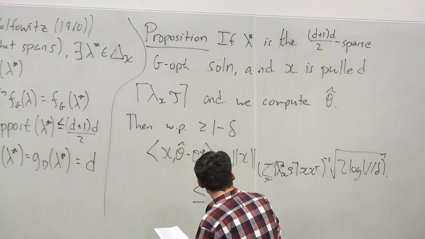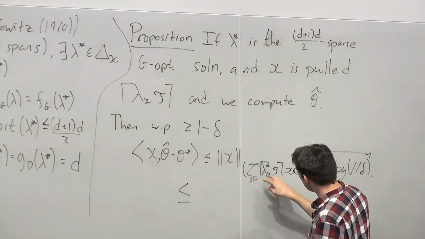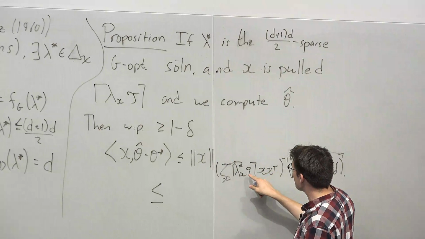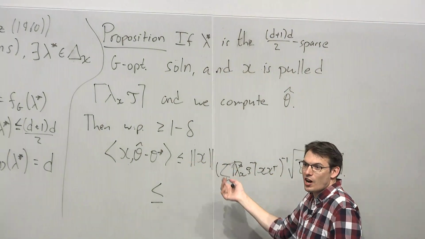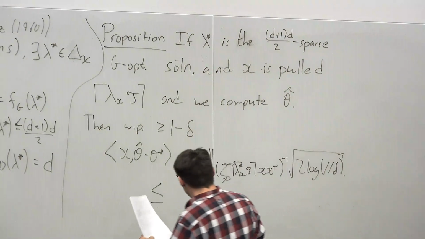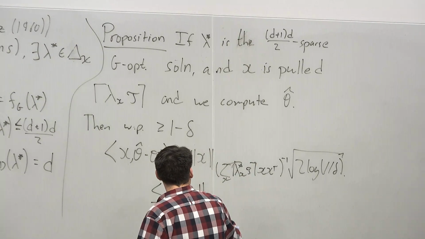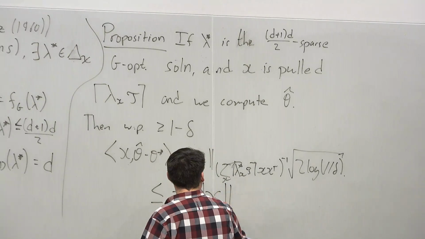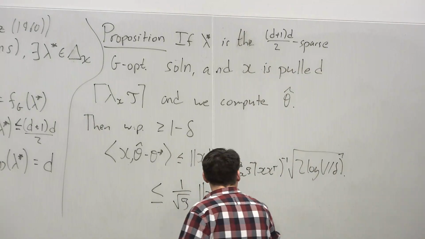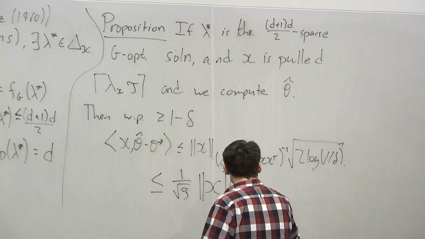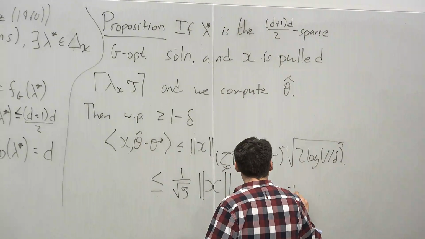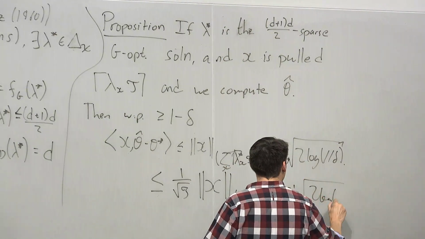And this is less than or equal. So once I remove the ceiling, I can pull the tau out because it's just a constant now. And I get 1 over square root of tau times the norm of x in the inverse of the sum of lambda x star x x transpose, times the square root of 2 log 1 over delta.